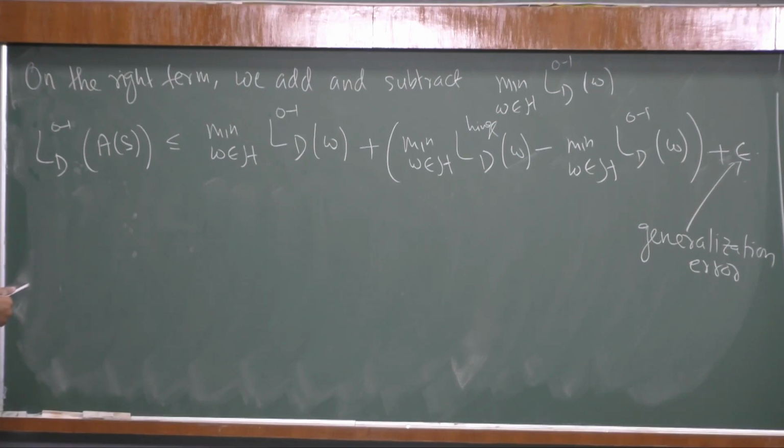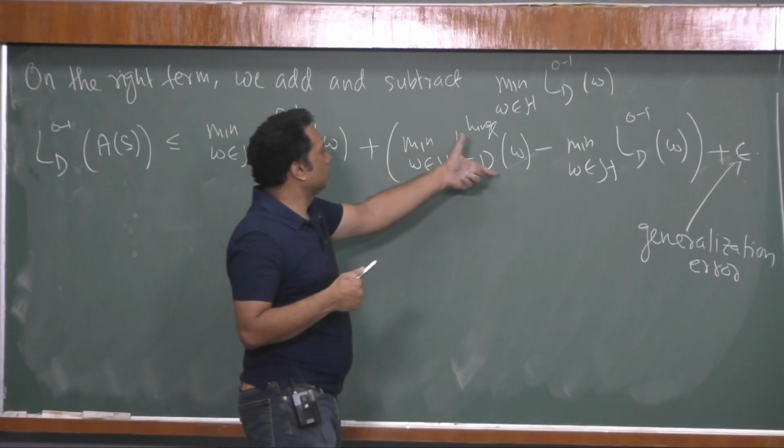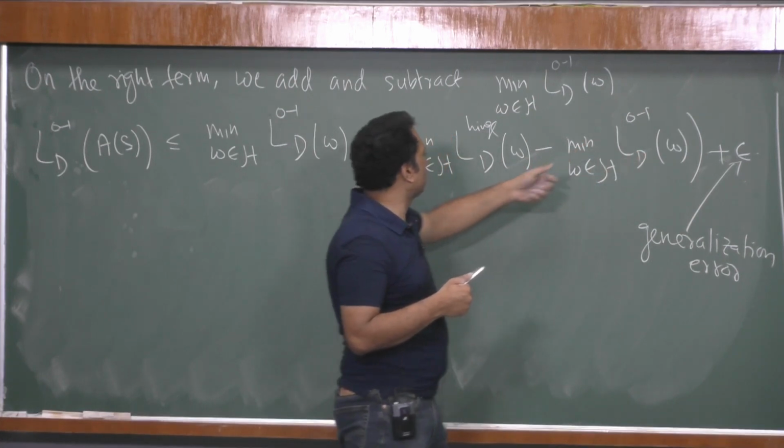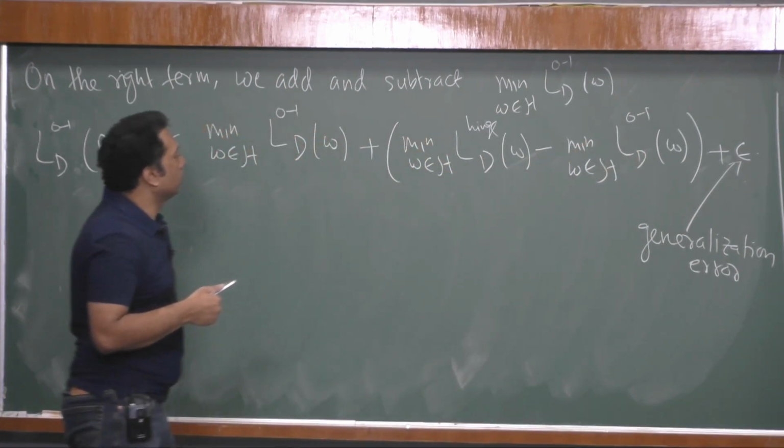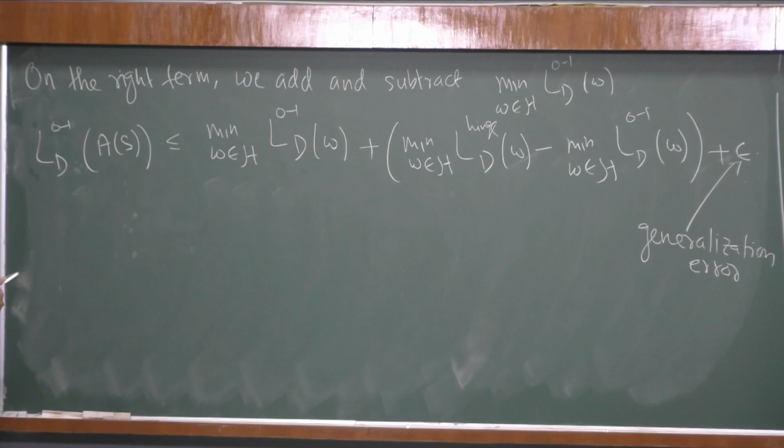If the error I make with the hinge loss and the one I make with the 0-1 loss are very far apart, then the upper bound will be very bad. Okay.